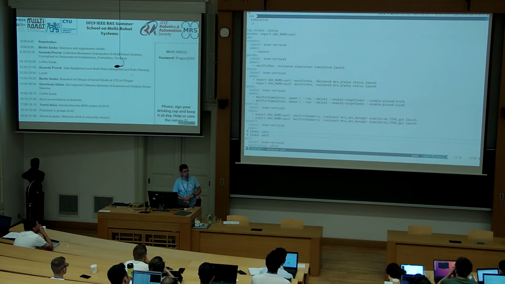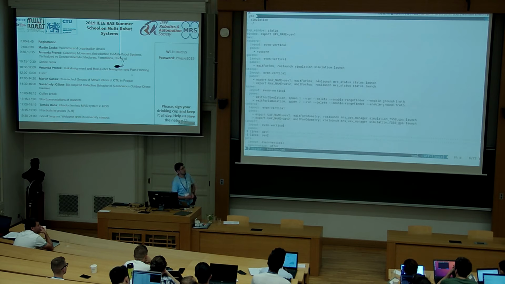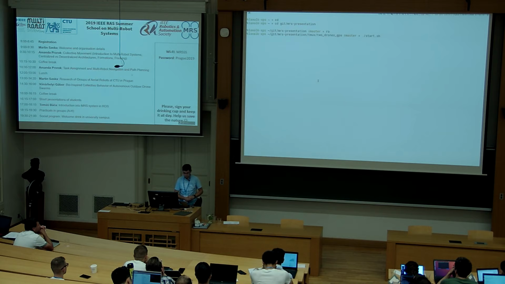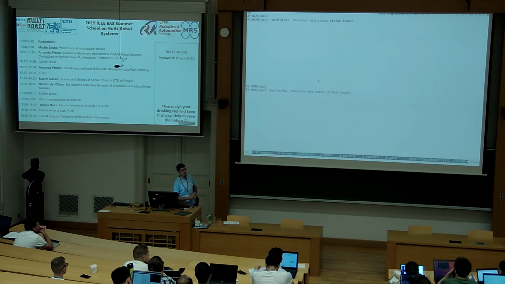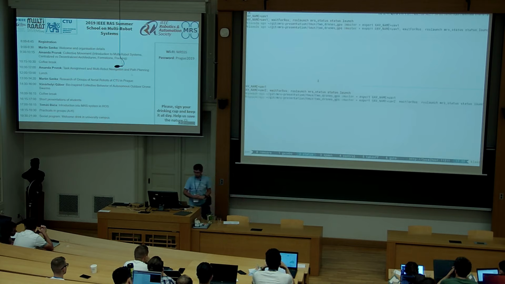So we have a nice tool which is called Tmuxinator, which uses this kind of description language. It's called YAML, to define how the session in the terminal should look like. It's pretty easy to learn. If I run this script, it creates a terminal multiplexer session for me, with all those tabs already pre-filled with commands.